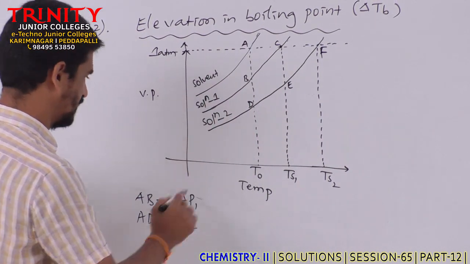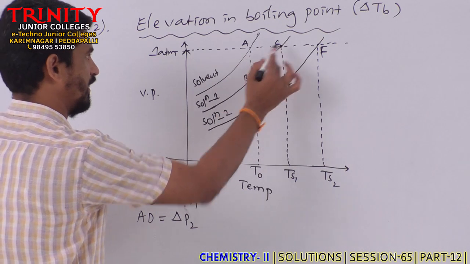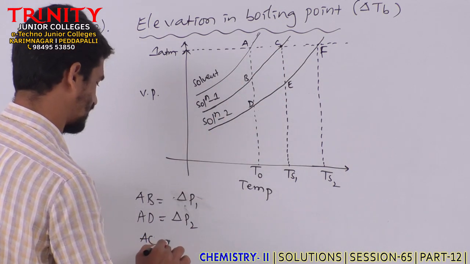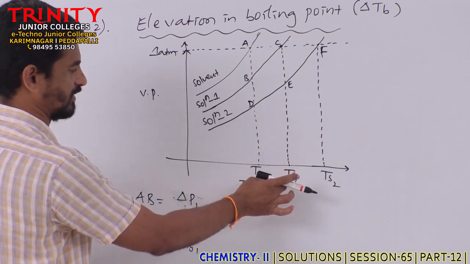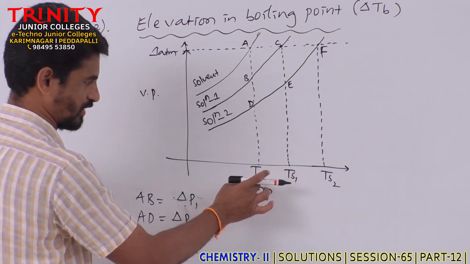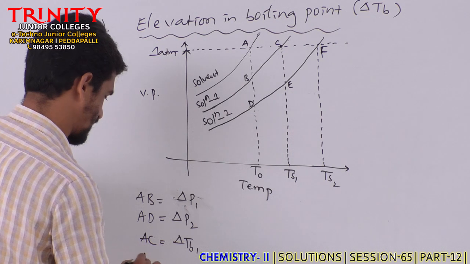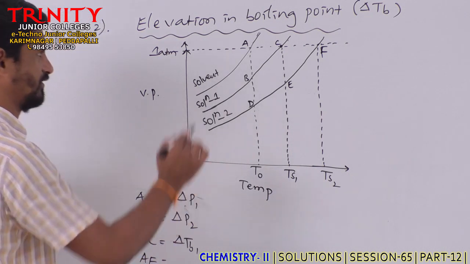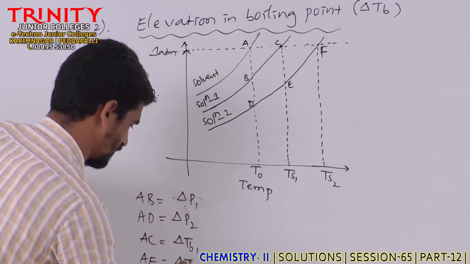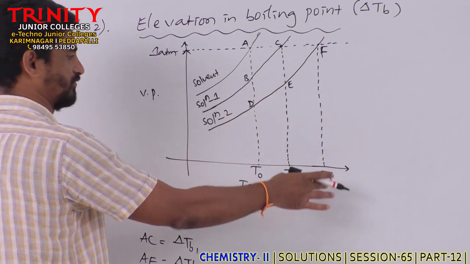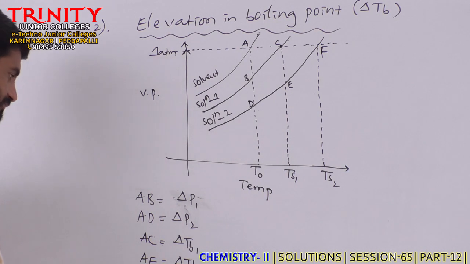Similarly, AC is delta TB1, the difference in the boiling point of the first solution and the solvent. And AF is delta TB2, the difference in the boiling point of the second solution and the solvent. Clear?